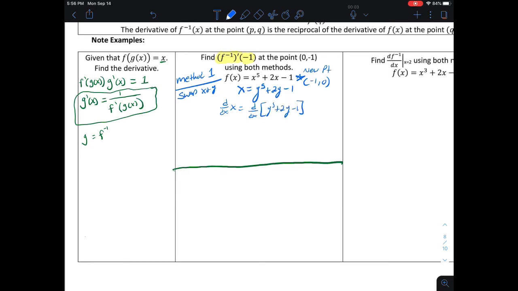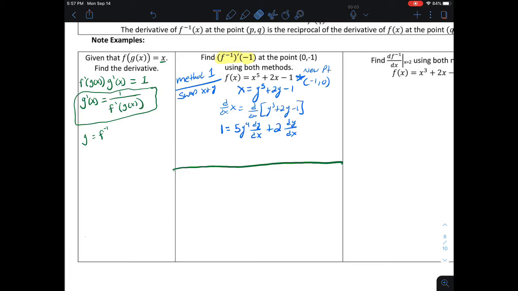Do my derivative implicitly. So I'd have 1 equals 5y to the 4th dy over dx plus 2 times dy over dx, and then minus 0.